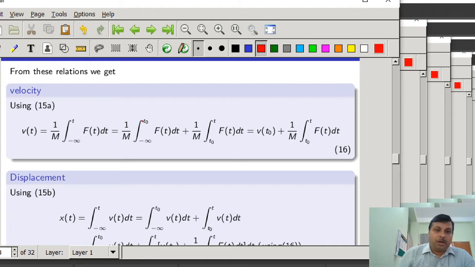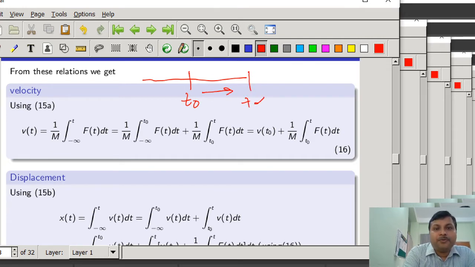So now if you see the timeline, we want to know the system behavior from t0 onwards. Okay, so from t0 to plus infinity, we want to know how the system will behave.